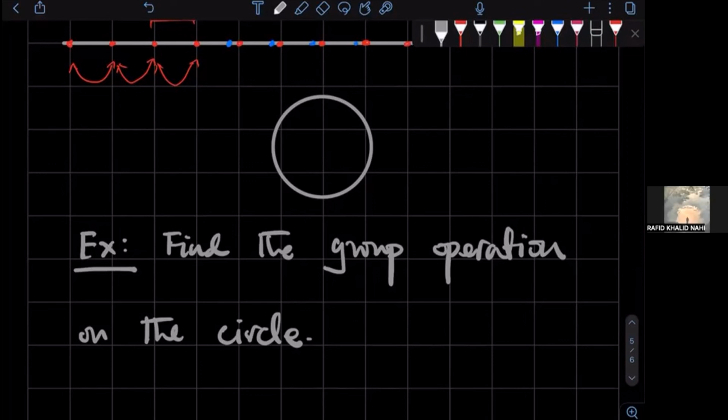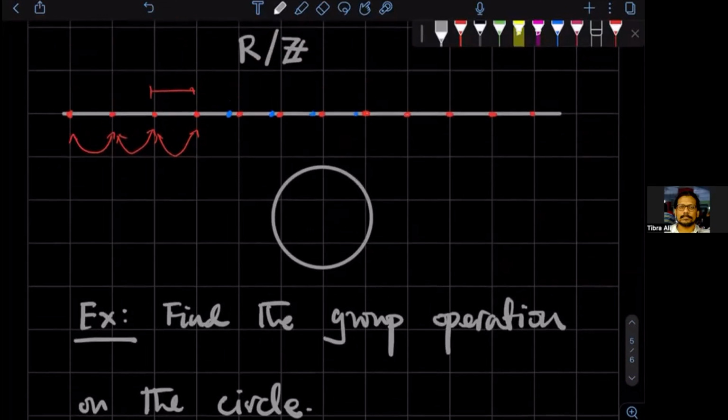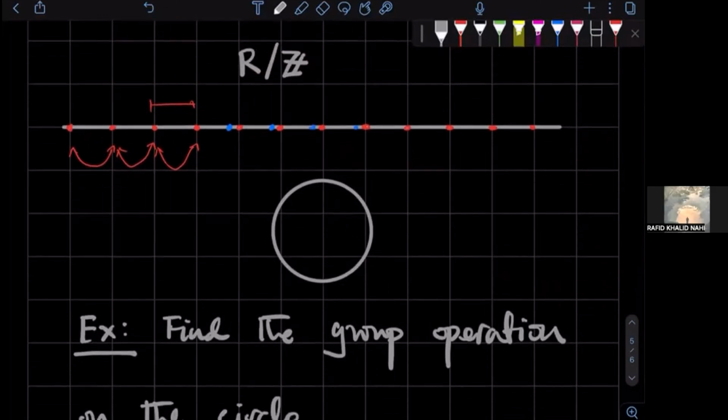I have a question. How do we say that it's a circle? Topologically, what does it look like? Well, there are many identifications. If there was just one identification, I would not have concluded that.